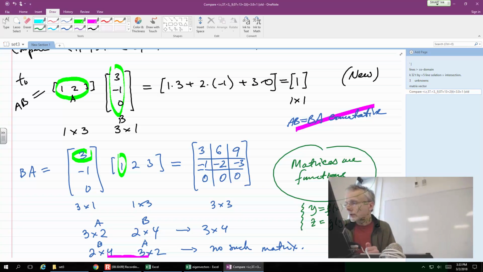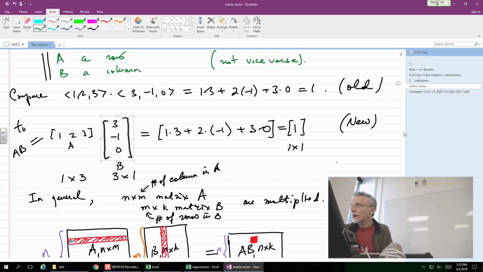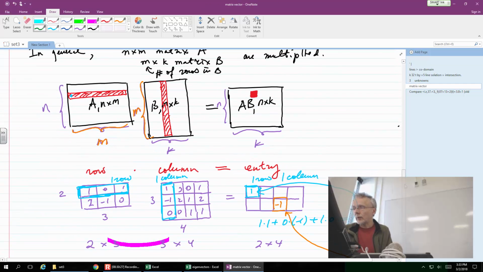So we know how to multiply matrices, and now I guess we could multiply any matrix by any matrix. I like to do it by hand when I actually do multiplication.